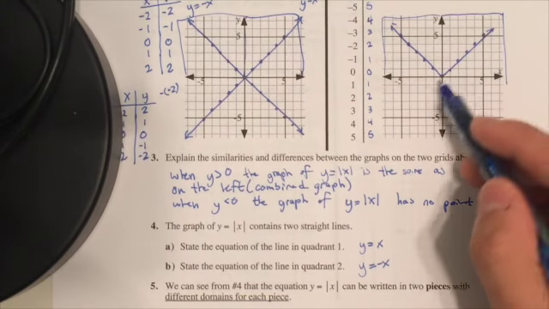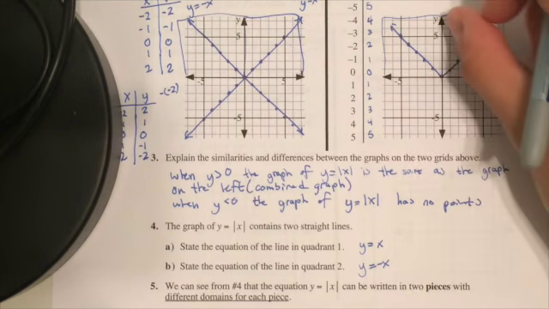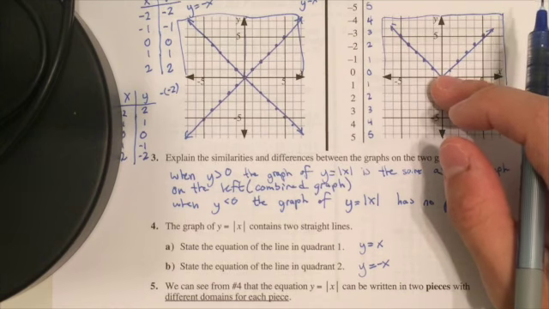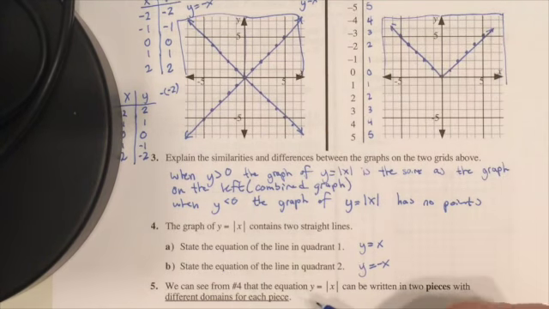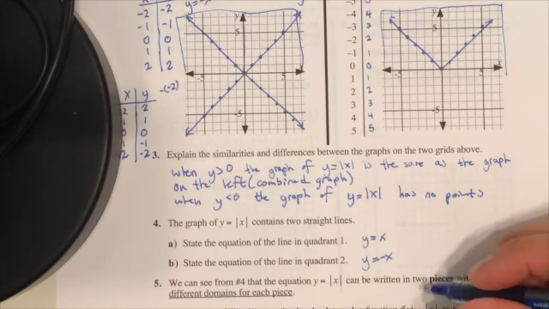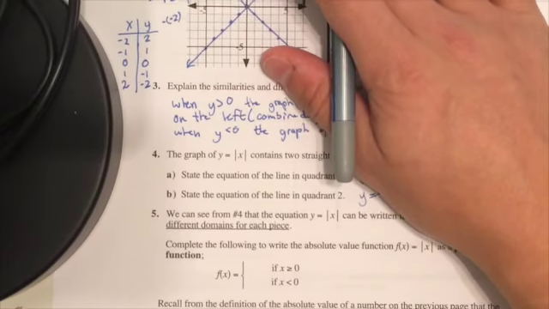And each side is going to have a different domain, right? Like x is greater than or equal to 0, and x is less than or equal to 0. So complete the following to write the absolute value of x as a piecewise function. Number 5.